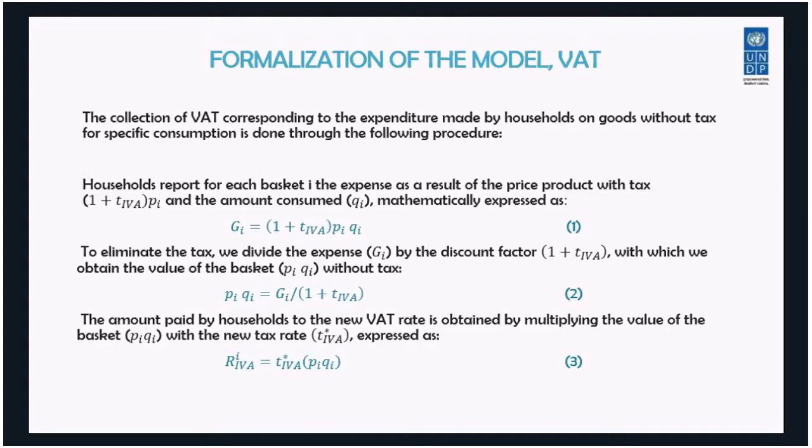That 16.5 pounds can be decomposed in this first equation. It's the result of the price per unit, the quantities consumed of that unit, multiplied by the tax, the current tax.